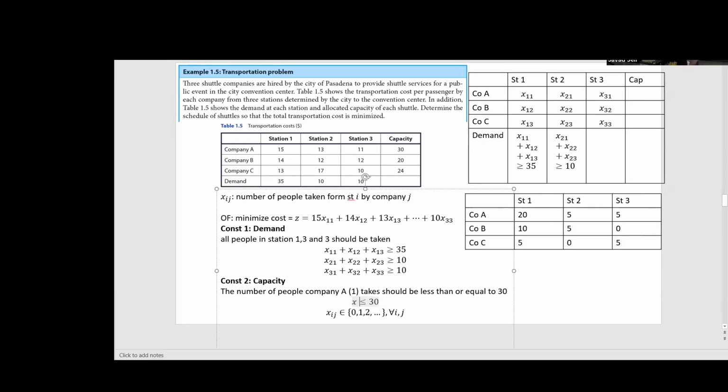Therefore, x11 plus x21 plus x31 should be less than or equal to 30.